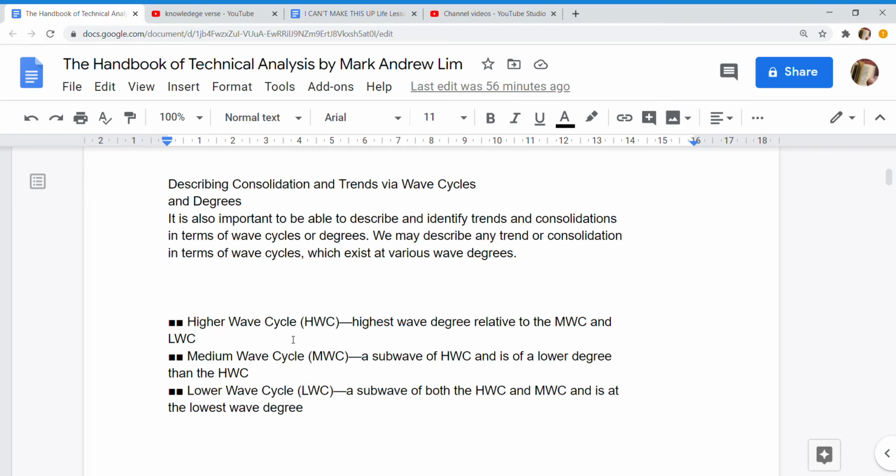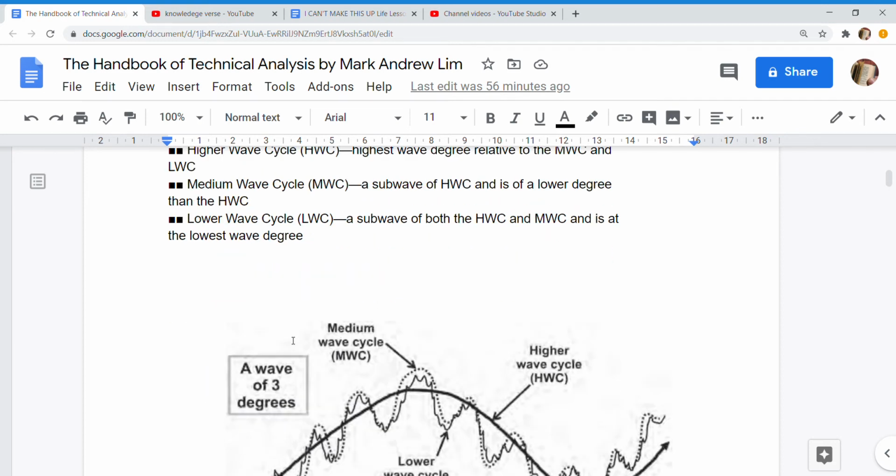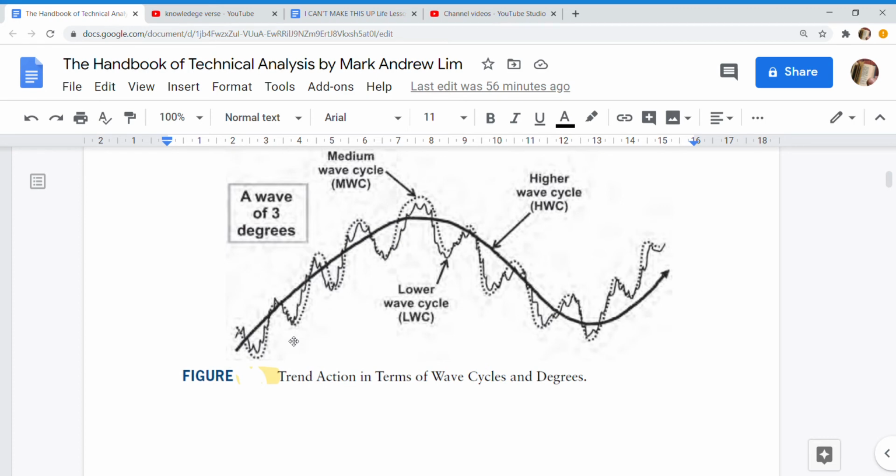Lower wave cycle, LWC: a subwave of both the HWC and MWC, at the lowest wave degree.